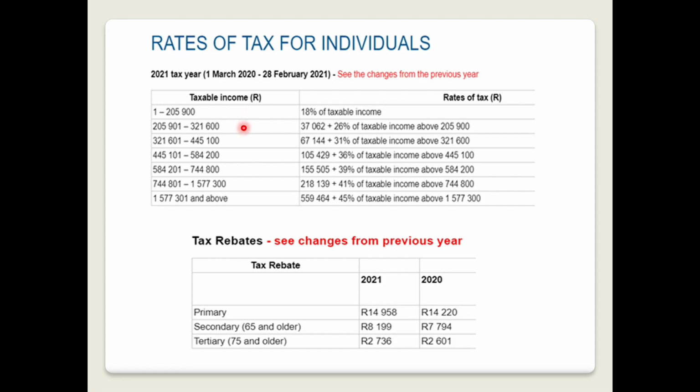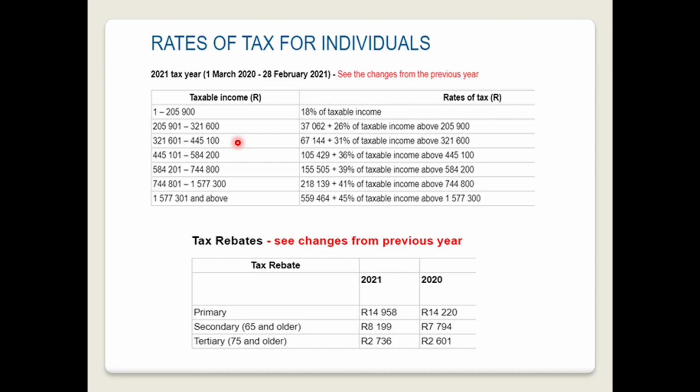He doesn't fall in the first bracket or the second bracket. Now let's have a look at the third bracket. So he earned 393,000 Rand. So he falls in this range here. Peter falls in tax bracket number 3.